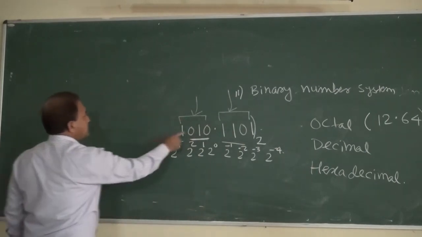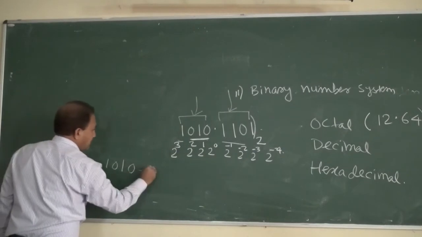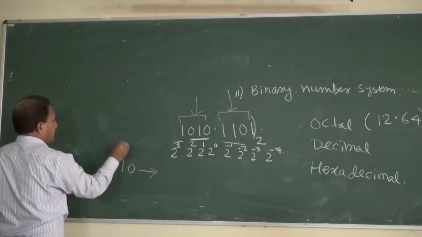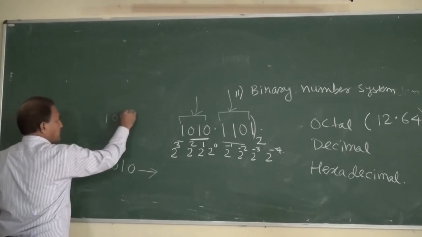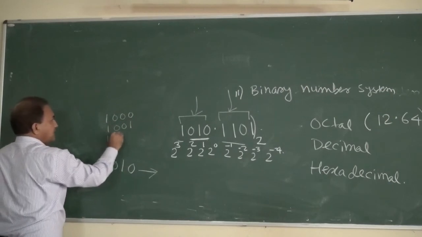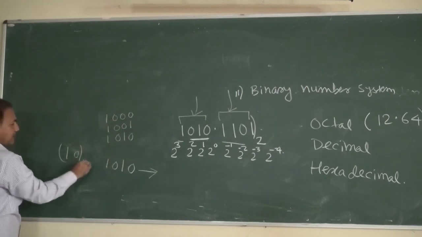It is 1010. It is equal to 8 plus 2, it is 10. 10 in decimal.